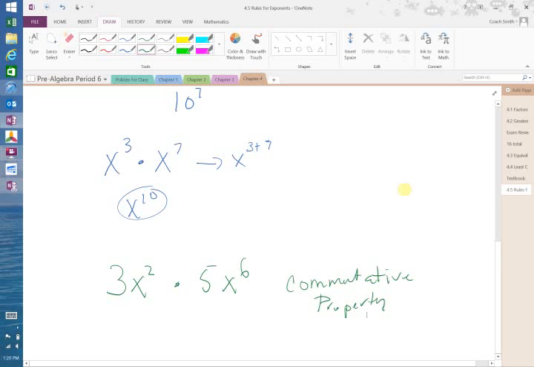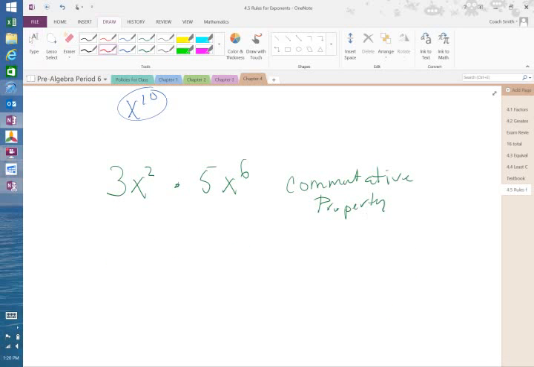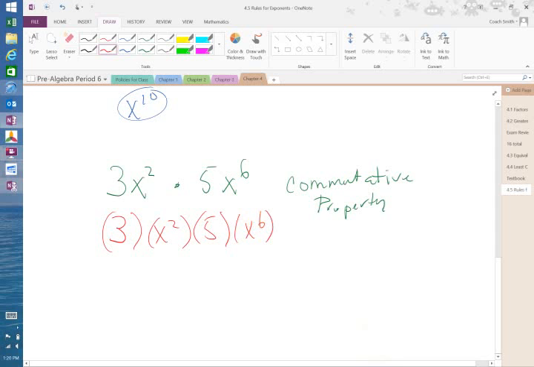Please understand that this problem I'm fixing to write is an equivalent problem to what we already have in 3x to the second times 5x to the sixth. Those are exactly the same.